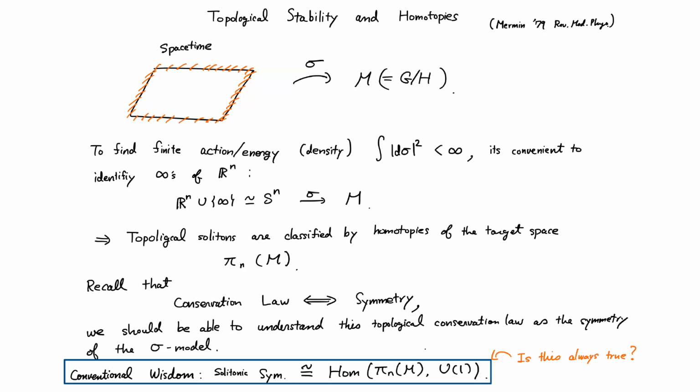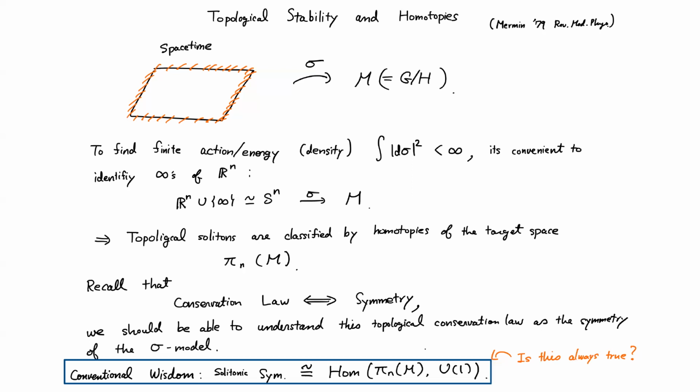So effectively, to classify topological solitons, we can identify the infinity of space-time as a single point, and consider a one-point compactification of space-time. Solitons are now classified by topological stability as a mapping from this sphere to the target space, and naturally the homotopy classification of topological solitons arises.